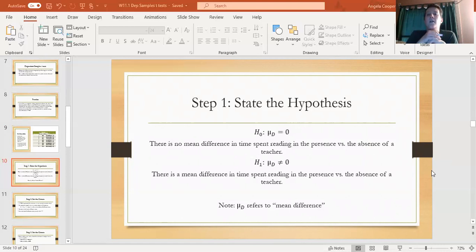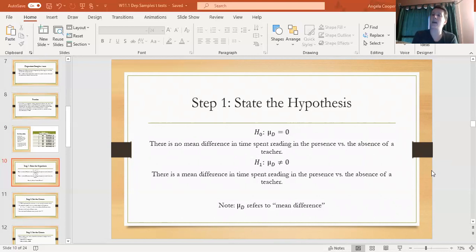So when we have a null hypothesis for a dependent samples t-test, if there's no difference in these groups, if they're the same, we'd expect the difference, if we subtract one from the other, to be 0. If we take the exact same number, 5, let's say, and subtract the exact same number, 5, we would get 0.